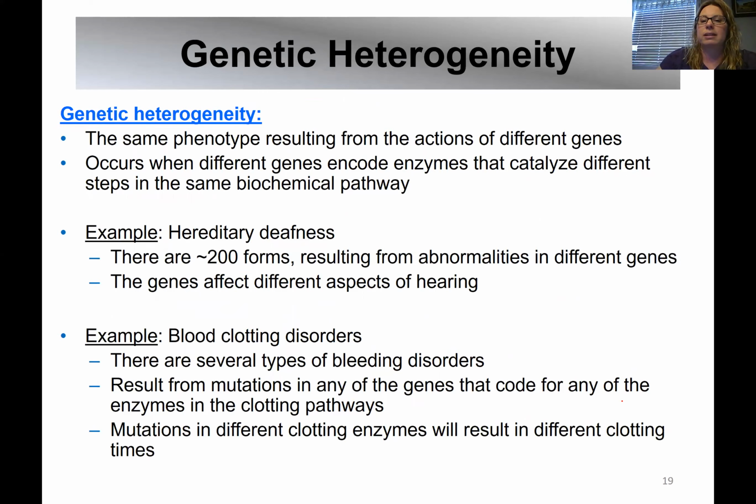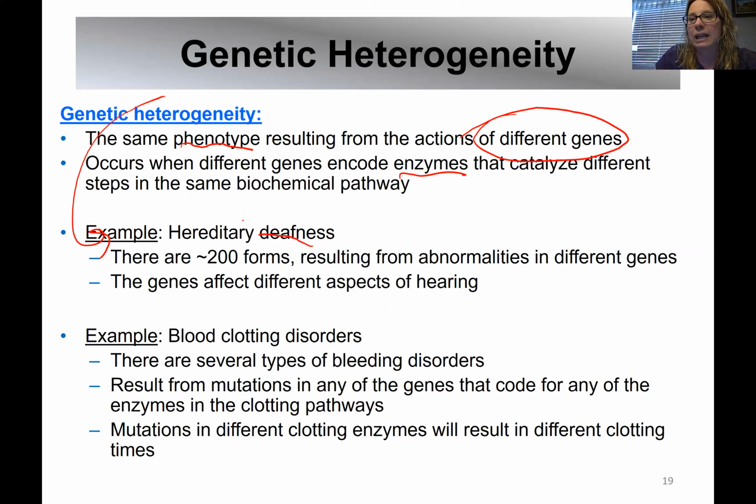Heterogeneity, though, is kind of the opposite of that, where you have one phenotype resulting from different genes. Okay, and that typically occurs when different genes code for enzymes that work in different steps of a biochemical pathway. There's a couple of examples here of heterogeneity. One is hereditary deafness.